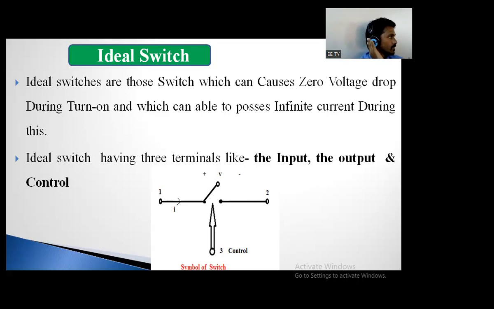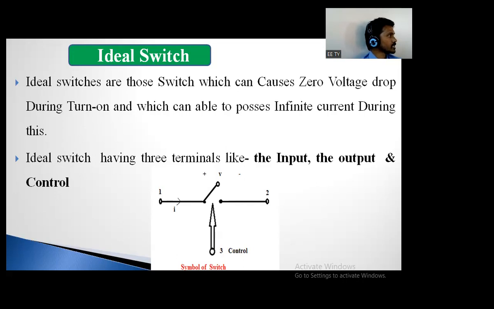If the supply is 230 volts and the output we get is only 100 volts, accordingly the load will be operated. Is it right? For example, in the case of DC motors, if you want to control the speed of the DC motor, we need to control the voltage, because the speed is directly proportional to the voltage.